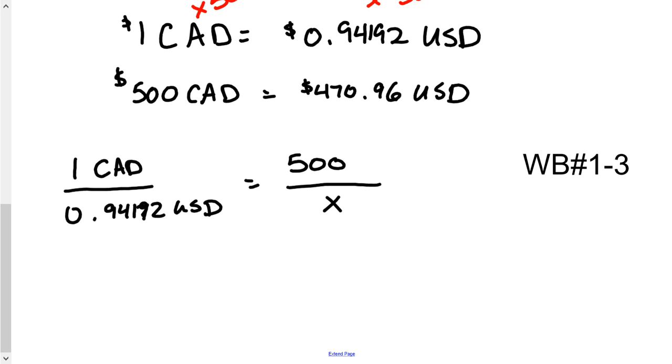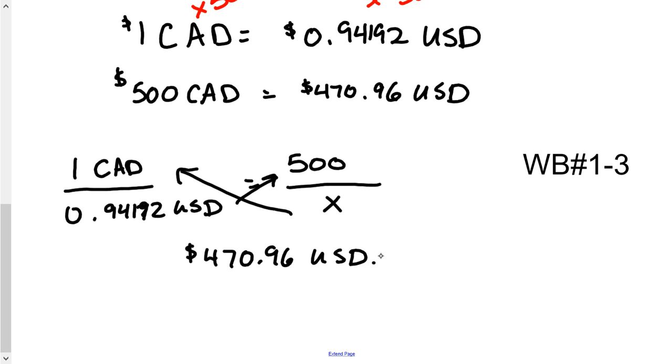So 500 times 0.94192 is equal to 470.96. So cross multiply. And the most important thing to remember here is that our Canadian dollars will cancel out, leaving us with the target dollars that we're trying to exchange into.